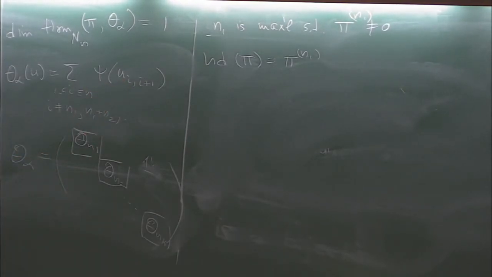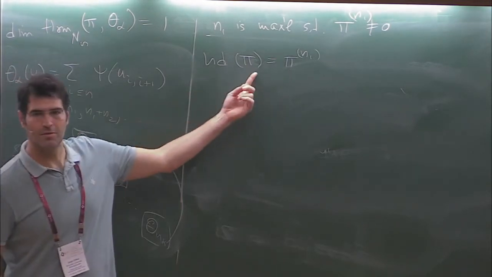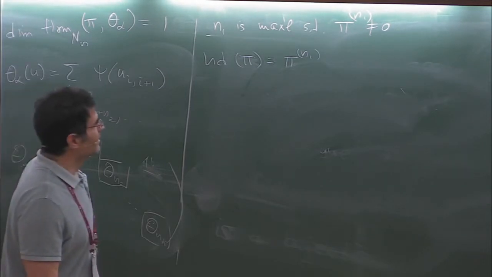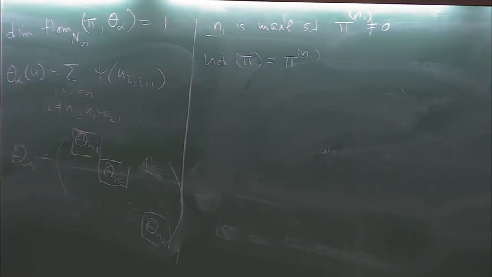And then n2 is defined to be the level of the highest derivative of pi^(n1), and so on. It is a recursive definition of consecutive highest derivatives applied to pi. And in fact, it follows from a later work of Mœglin and Waldspurger that this is actually the maximal unipotent orbit of the representation.